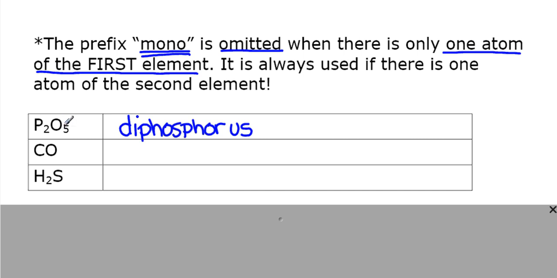Then I have oxygen, which will change to oxide, but since I have 5 of them, I'm going to use pent, not penta, because there's a vowel here, and it's pentoxide. Why don't you try the next 2, just for some added practice, and when you're ready to check, unpause the video.